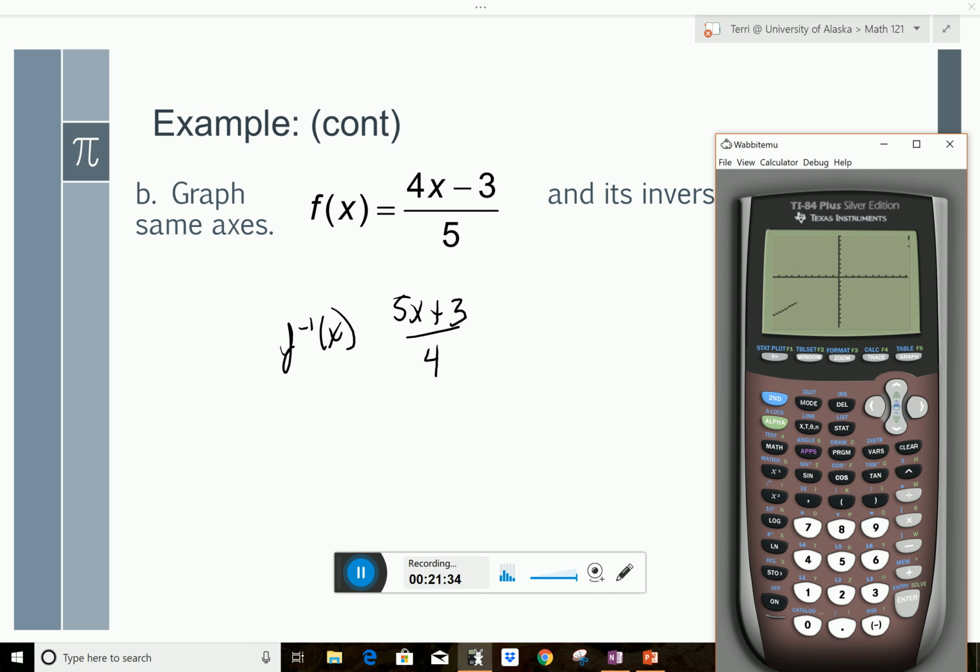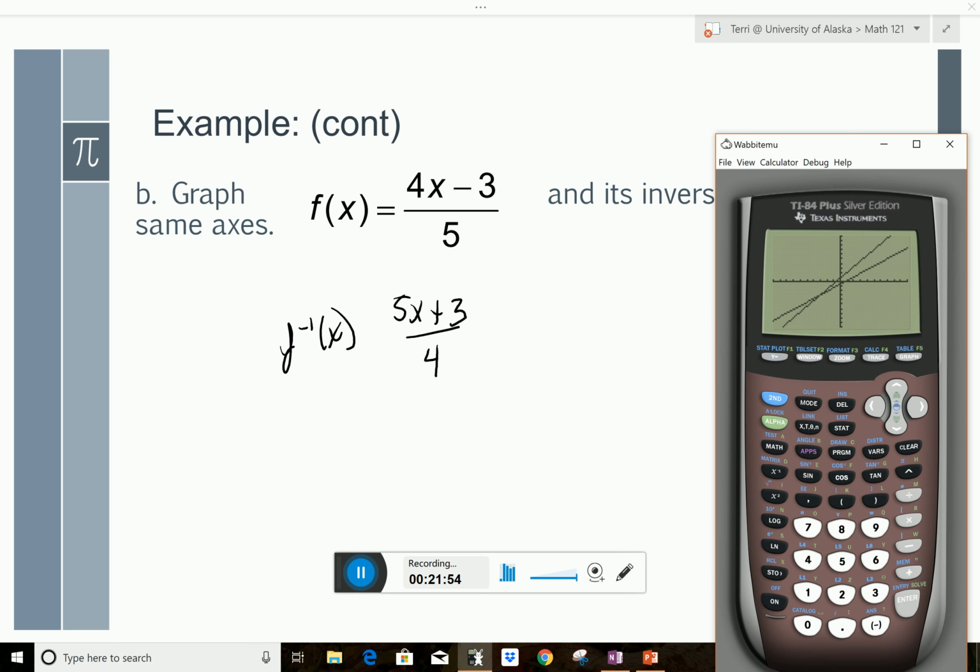And I kind of envy those of you who have colors, because you can see them a lot better than I can. I'm not sure if you can see, so let's make sure that's zoomed to standard. It's kind of hard to tell.